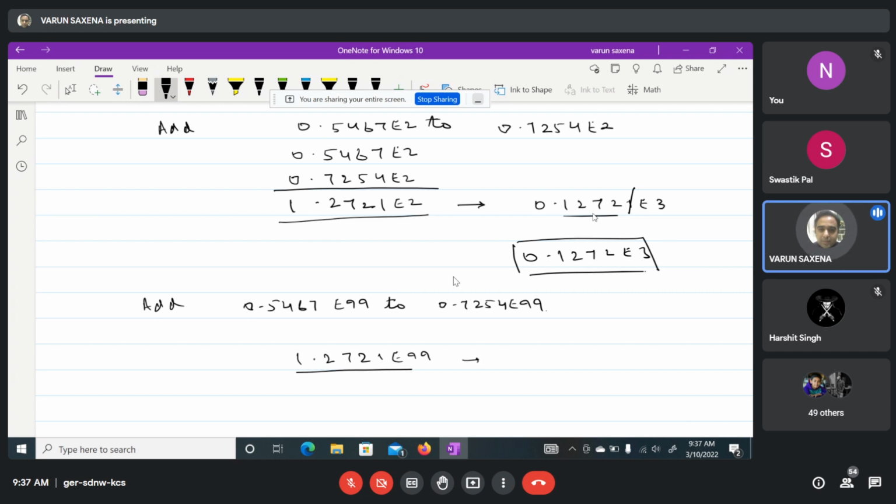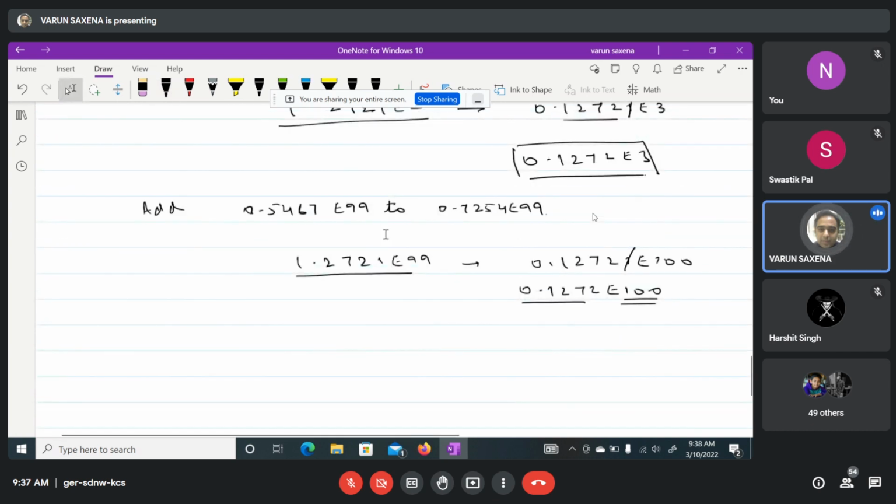If the computer could store it, it would be 12721 E100. Okay, it will remove the last digit and it would probably show you this. But the exponent can only be 2-digit, like I told you. So now the exponent goes to 100. Of course, this hypothetical computer will not store it. It will say overflow.